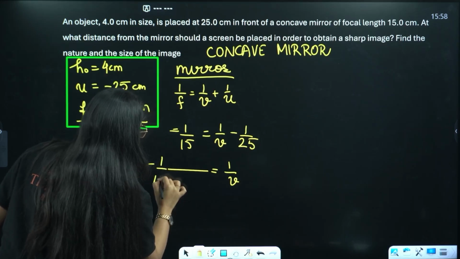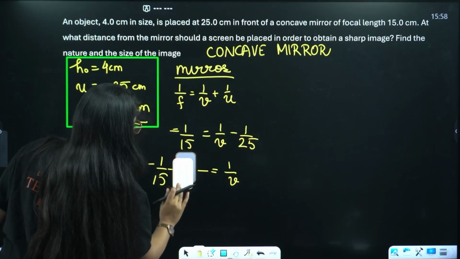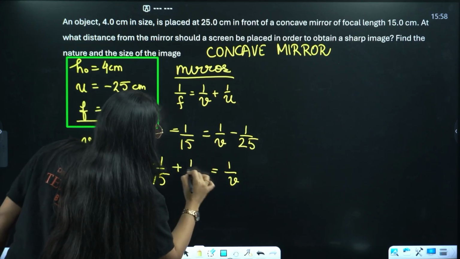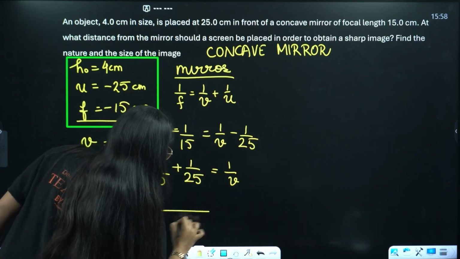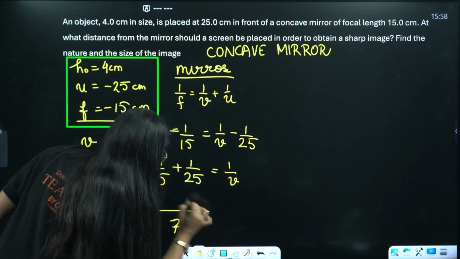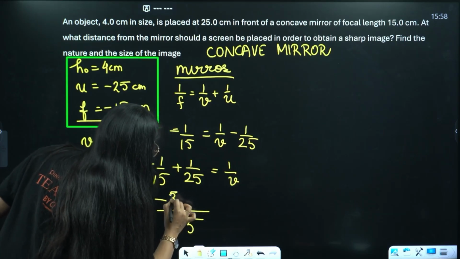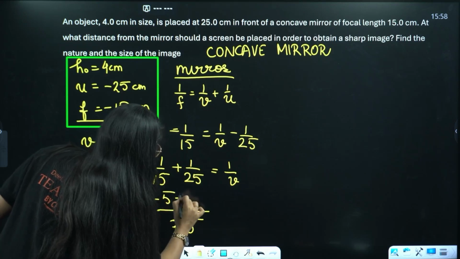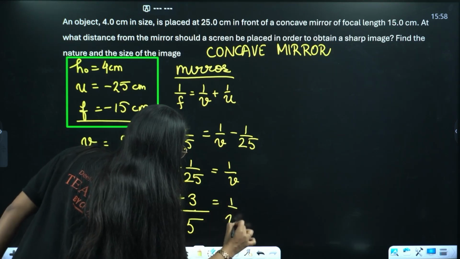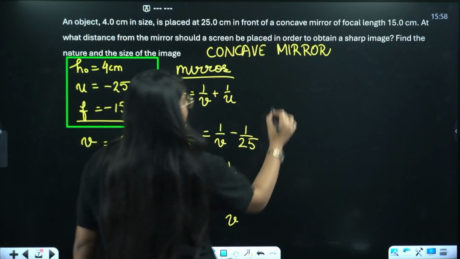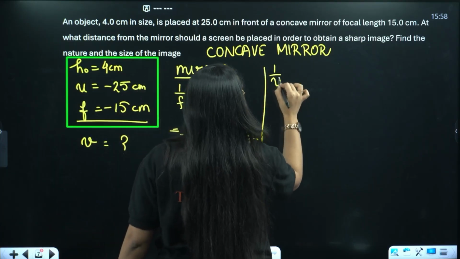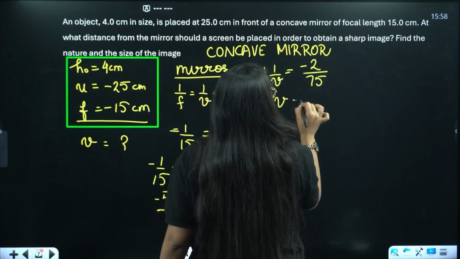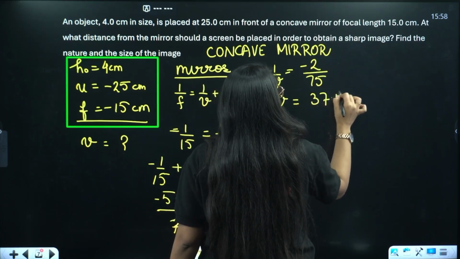Minus 1 by 15 and plus 1 by 25. Okay, so the LCM will be around 75: minus 5 plus 3 equals 1 by v. Understood? So from here 1 by v will be minus 2 divided by 75 and v will be minus 37.5.